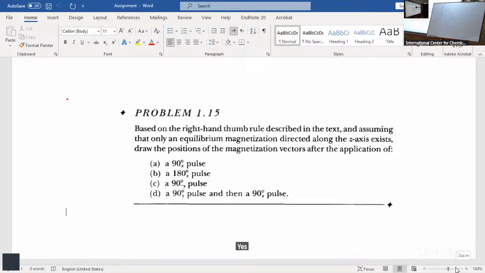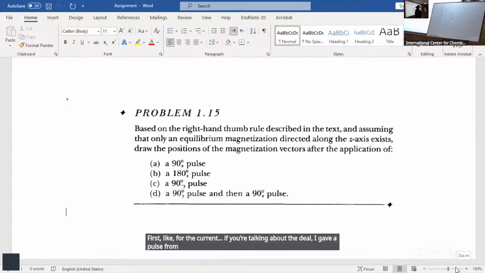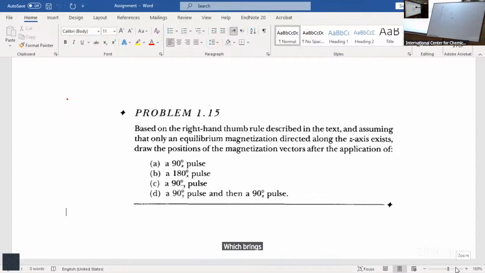Yes? Now, sorry, still on the last question. If we apply the pulse from X and 90Y goes to X plus. Yeah. And first, if you are talking about the D, I gave a pulse from 90Y, which brings it to plus X. Now if we apply another 90Y.